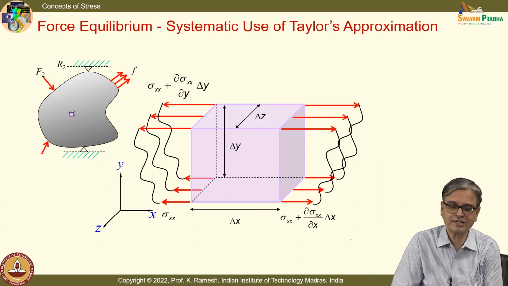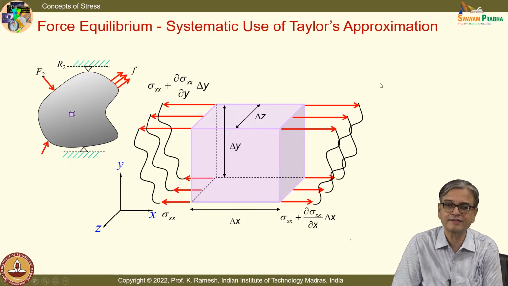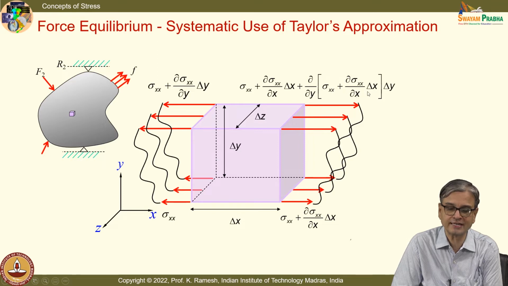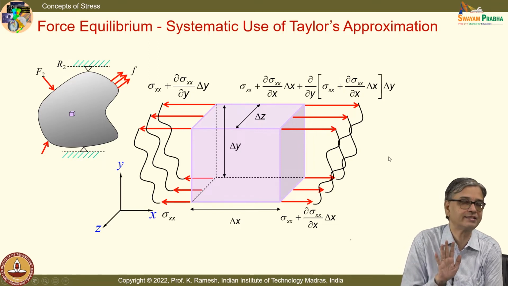Can you write what is it that you will anticipate in this? This has varied by distance delta y. So I can write it as sigma xx plus dou sigma xx by dou x delta x, and dou by dou y of sigma xx plus dou sigma xx by dou x delta x, multiplied by delta y. Is the idea clear?